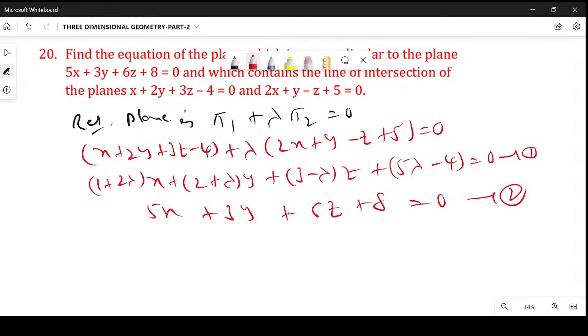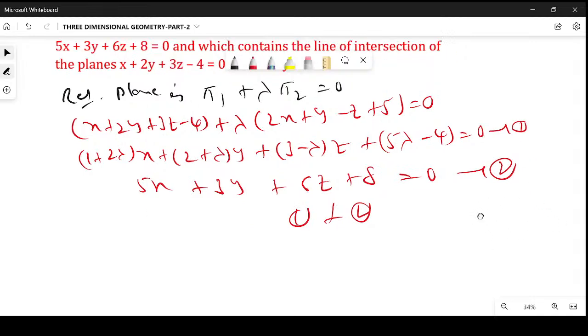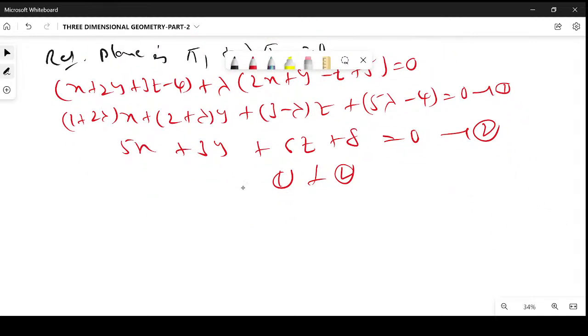Since 1 and 2 are perpendicular, the DRs of the plane 1 are 1 plus 2 lambda, 2 plus lambda, 3 minus lambda, and the DRs of the second plane are 5, 3, 2. You can use the condition that plane 1 is perpendicular to 2, right? I can write A1 A2 plus B1 B2 plus C1 C2 equal to 0.